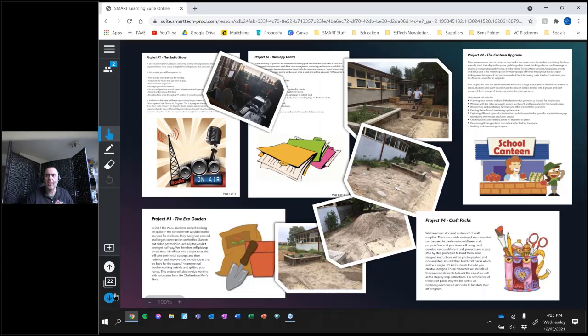Another one was the copy center. Now, I put this up as an idea. Students wanted to develop their business idea, and they wanted to run a business, and they were trying to think of how they could run a business at school. And one of the ideas was running a copy center at school, like a mini Officeworks, like you see the copy center at Officeworks, but doing it at school.